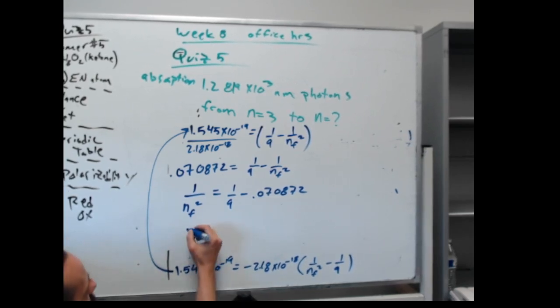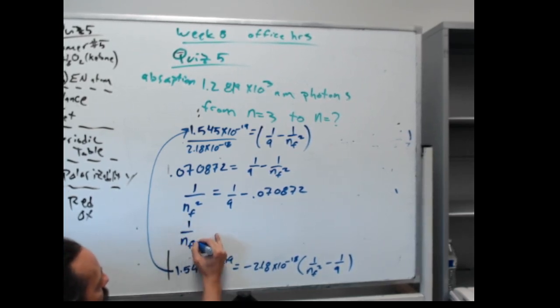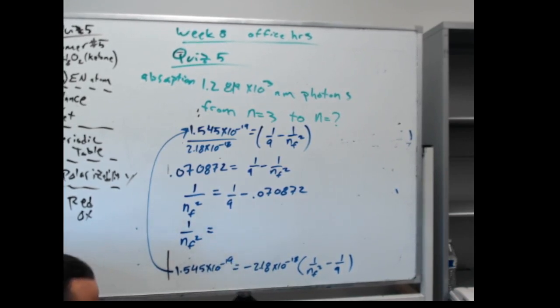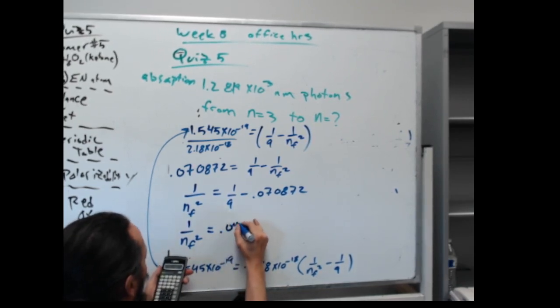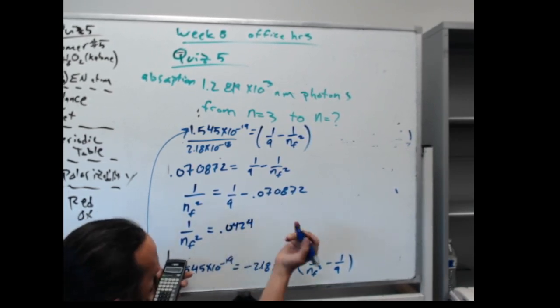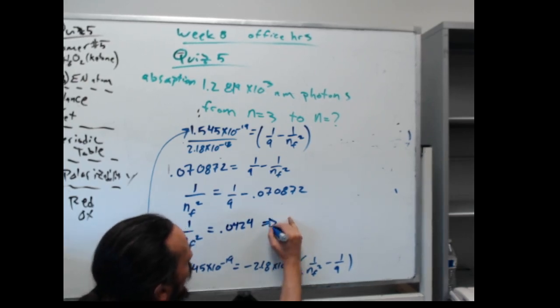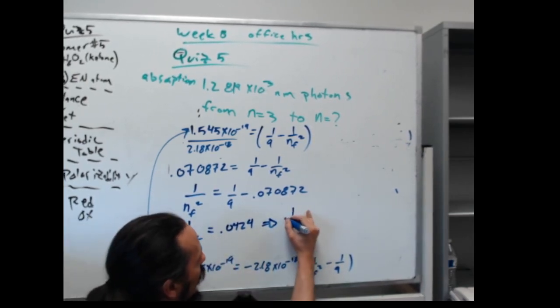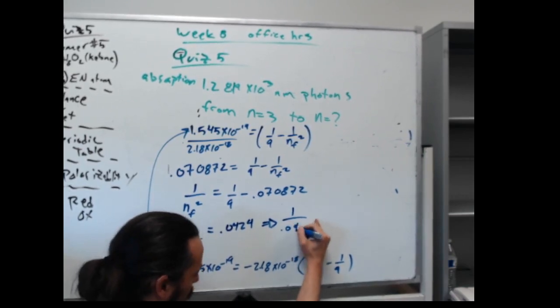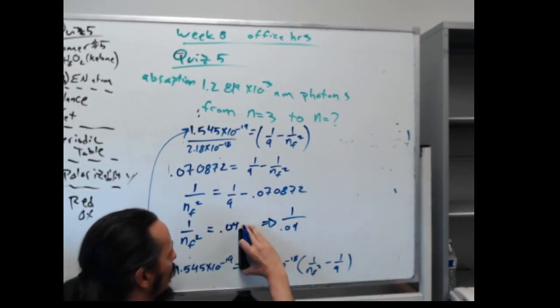And that's going to give me 1 over n final squared is equal to 0.0402. Then I go ahead and I cross multiply, so I have 1 over 0.04. Whoa.